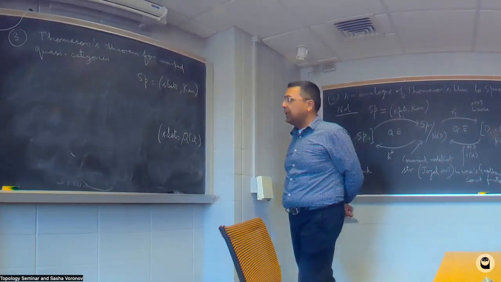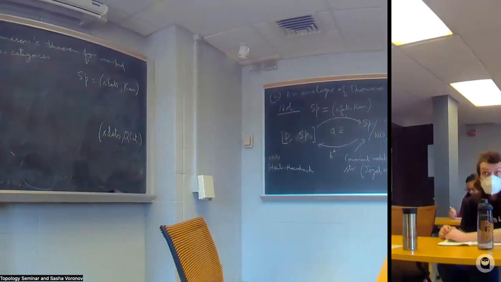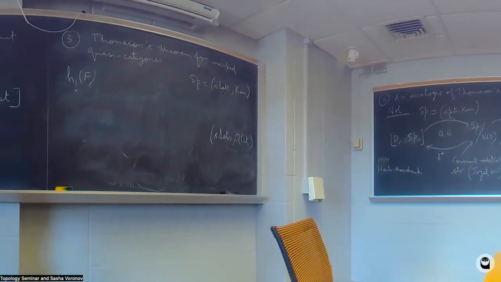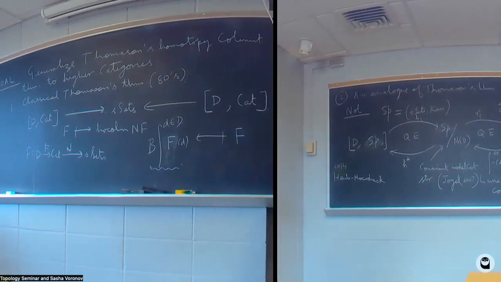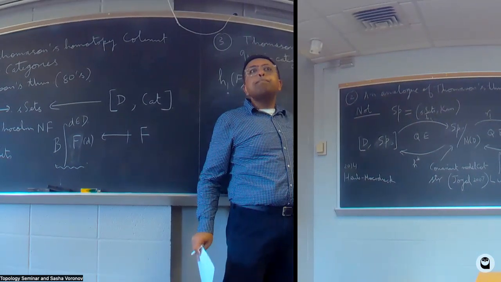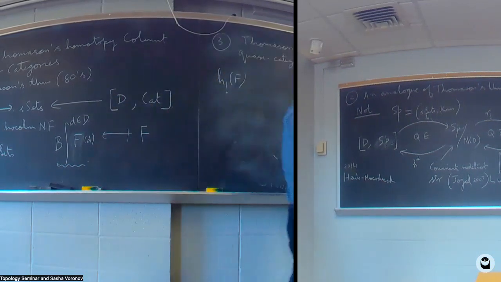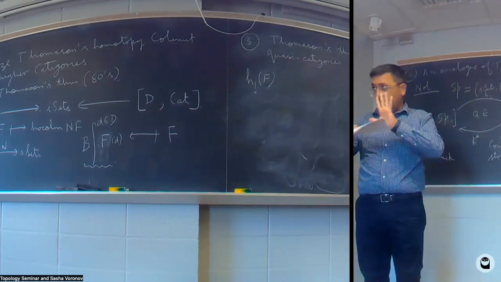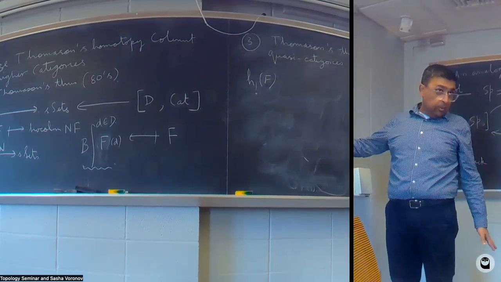The other drawback of this category is that the homotopy colimit, this is very, very far away from the homotopy colimit of F taken in this model category. This thing is a homotopy colimit here, but it's very far away. So a lot of modifications have to be done to this in order to make that a homotopy colimit here.